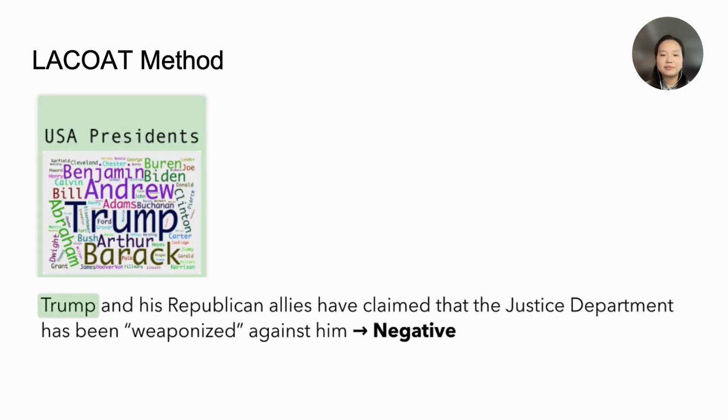At inference time, the model will use a particular facet of the input word in making the prediction. So for the example, assume the sentence here is the input instance at inference time. The model will use one facet of Trump in making the prediction, which is the US president aspect of Trump in this example.